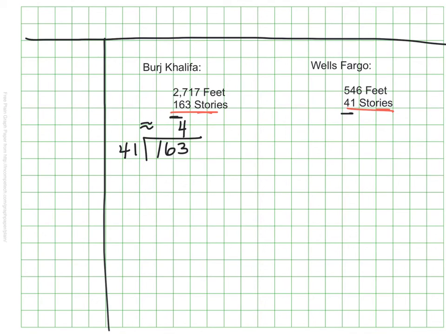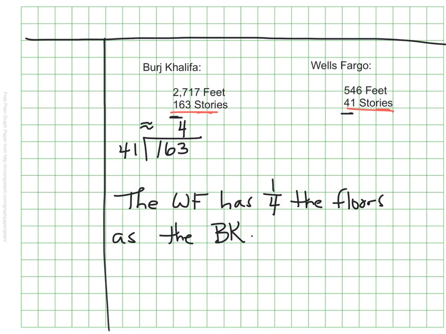That means, of course, that the Wells Fargo building has about 1/4 the number of floors as the Burj Khalifa. So in one sense, our tallest building is 1/4 of the size of the world's tallest building. Puts things in perspective a little bit. In this case, this is me using a fraction to compare the two buildings.